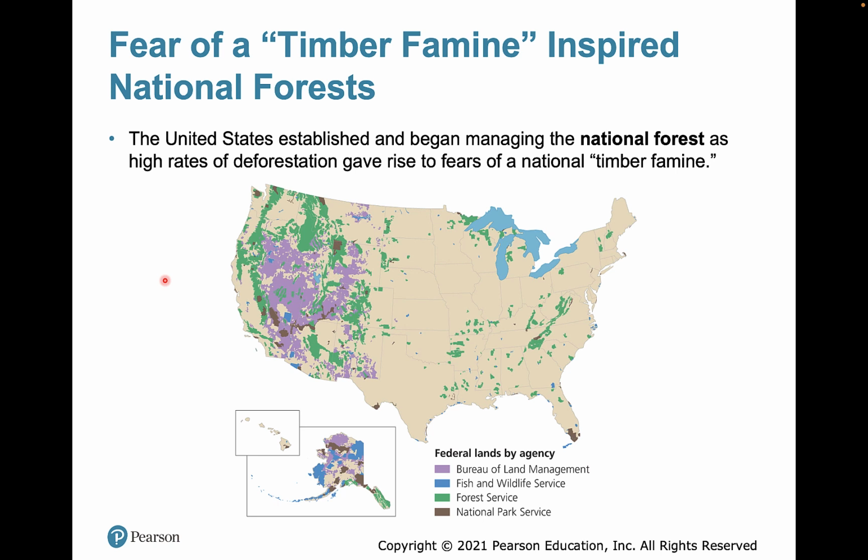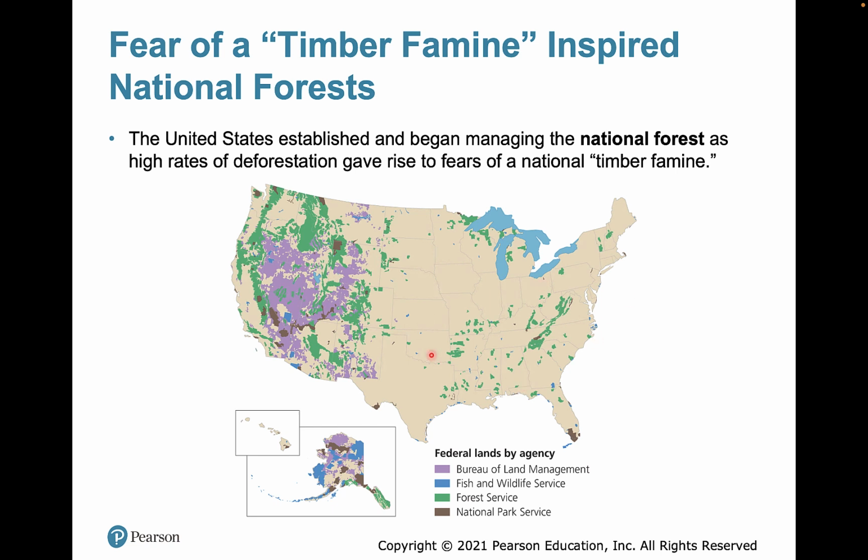So we're going to go out there and we're going to conquer it. Then we started to realize, oh no, wait a second, this isn't working. We're running out of trees. So that's where the idea of a national forest was developed, out of fear of a timber famine. We were going to cut down all the trees, so let's preserve some of them.